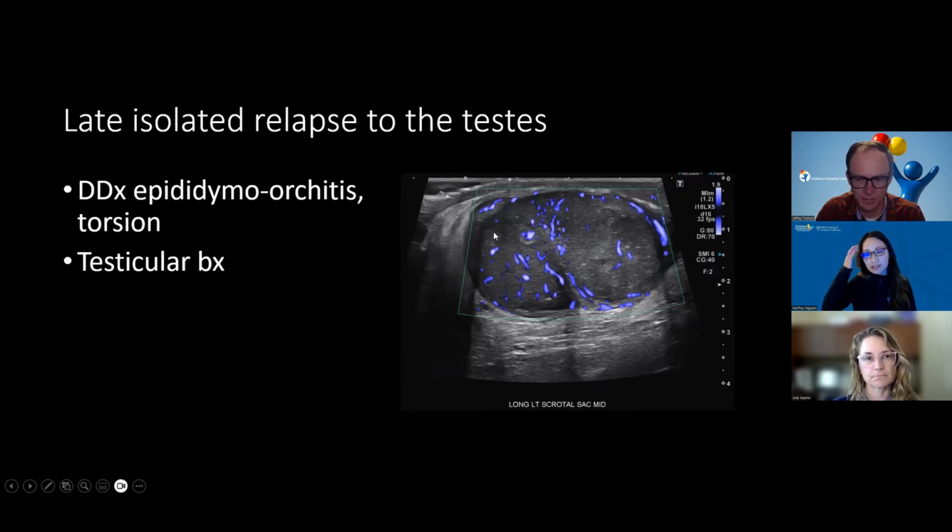So I found this case interesting because so much workup was done over a 2 month period. And even though in my differential, because of the heterogeneous appearance of the testes, I actually did call relapse or ALL infiltrative involvement, the team was just not ready to treat that patient with chemotherapy without later on confirming with a testicular biopsy.